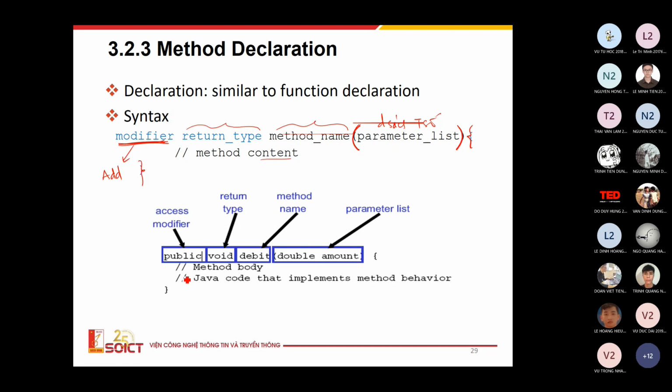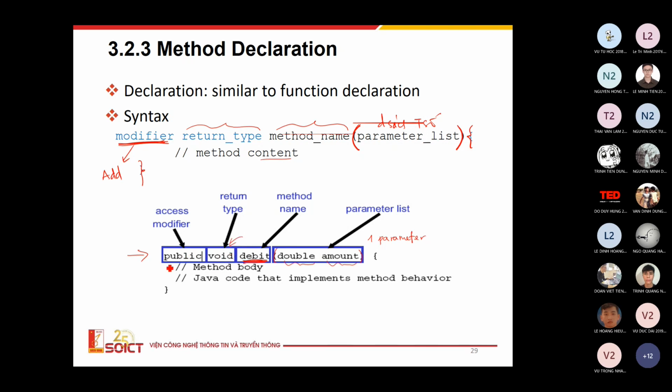This is one example when you declare a method named debit, having one parameter named amount of the double type. This is just one parameter. And they don't have a return type.